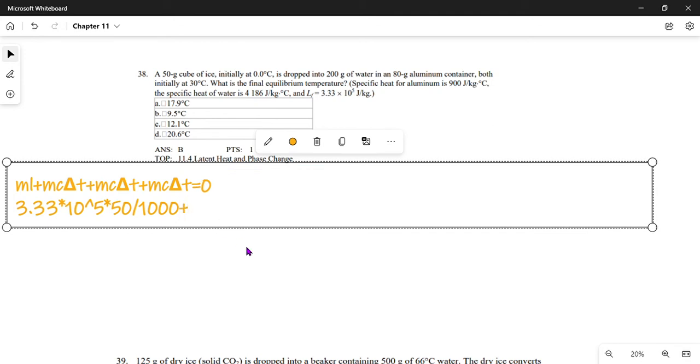Plus the mass of the ice again, which is 50 over 1000, times the specific heat capacity of the ice, which is 4186, times the change in temperature of the ice, which is T minus 0, plus the mass of the water, which is 200 over 1000 to convert it to kilogram, times the specific heat capacity.